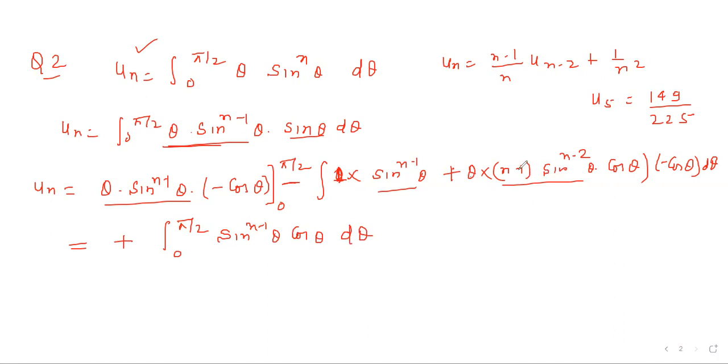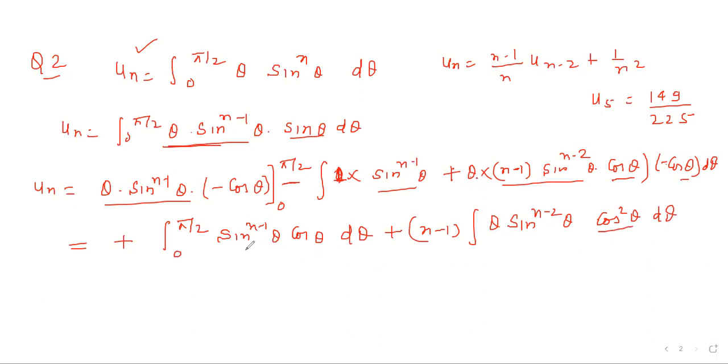So theta, this minus minus will become plus, so we get n minus 1 outside, and then the integration of theta sine power n minus 2 theta into cos theta, and cos theta times cos theta will become cos square theta d theta. Now, this cos square theta can be written as 1 minus sine square theta.